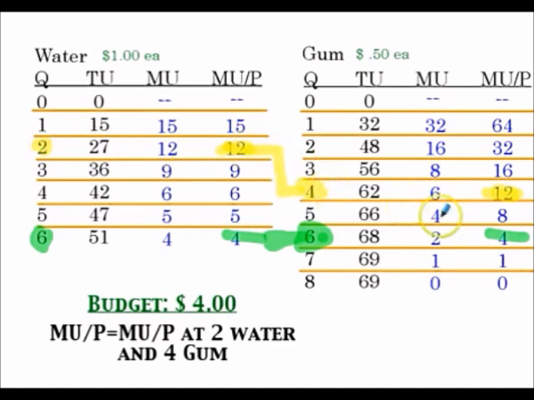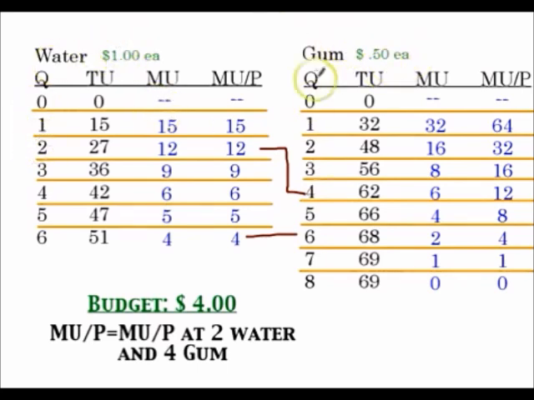So we want to take a look at which matchup is what we need. Well, this is when the budget comes into play. I have $4 to work with. As a result of that, I have to decide which combination I can afford. 4 gum at 50 cents is $2. 2 water at $1 is $2. 2 plus 2 is 4.